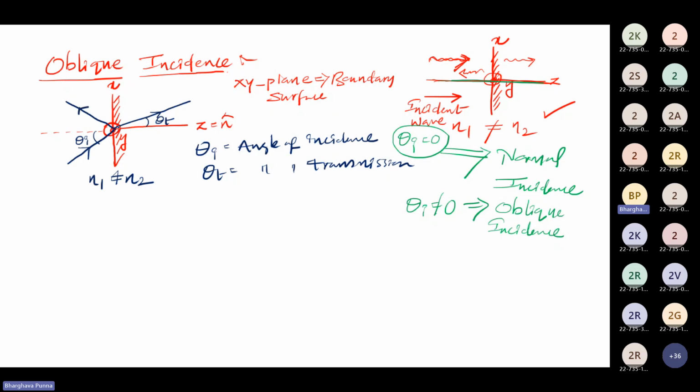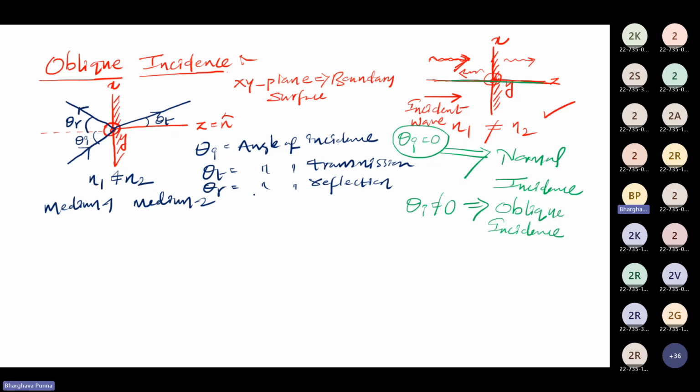That means it will enter into medium 1 only. This left side part is medium 1, right side part is medium 2. This reflected wave also makes a certain angle with the normal to the boundary, that is the angle of reflection, theta r.